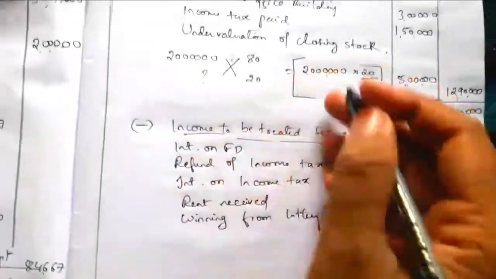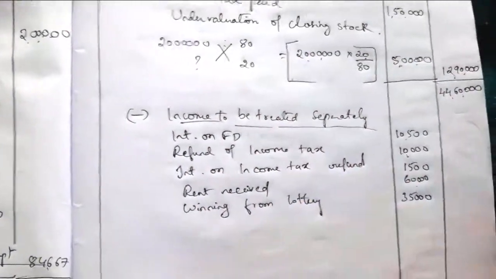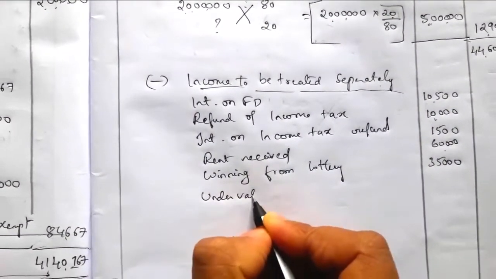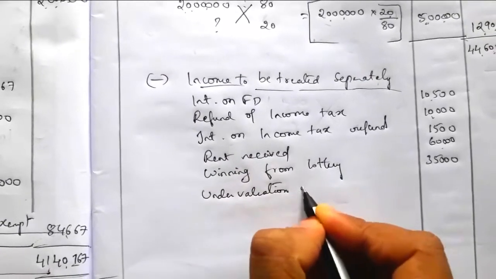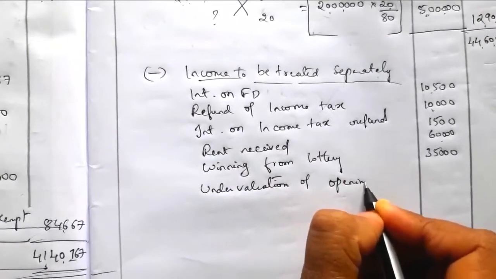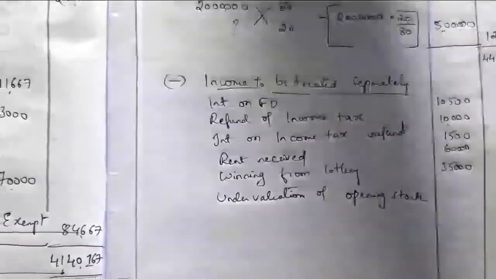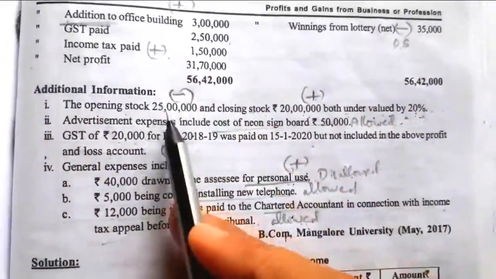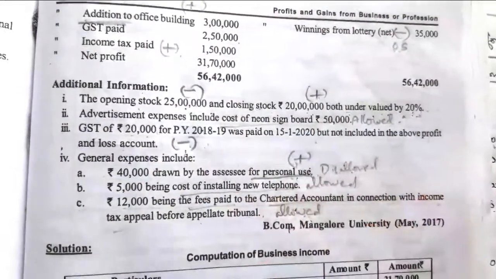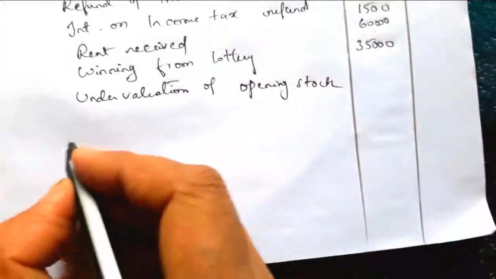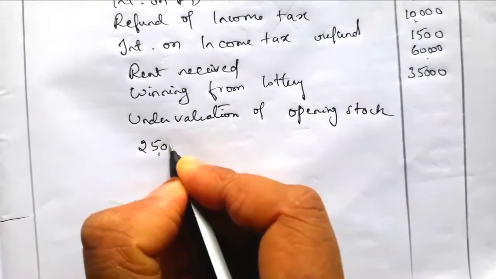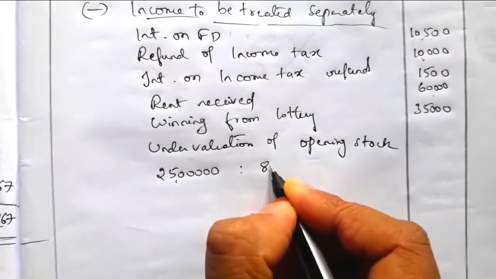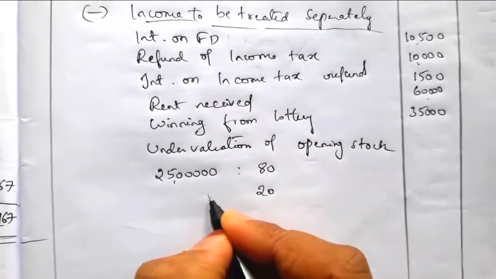Now before totaling we have one more item, that is the undervaluation of opening stock. So write undervaluation of opening stock, which should be deducted. They have shown 25 lakh, so it is recorded less, which means they have given it for 80%. Now we want the 20%.